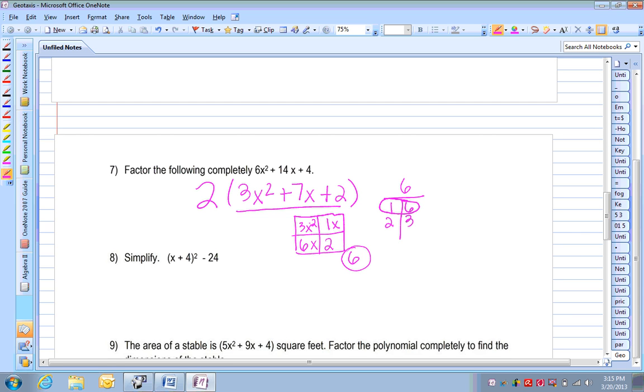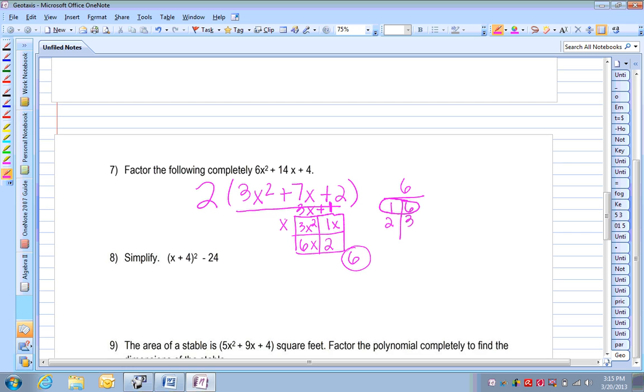And now we have to find our GCFs for the rows and columns. So the row with 1x and 2, the GCF would be 1, and the 3x squared and 6x would be 3x. And it would be a positive 1 because the box near it is positive. And then 3x squared and 1x, the GCF would be x.